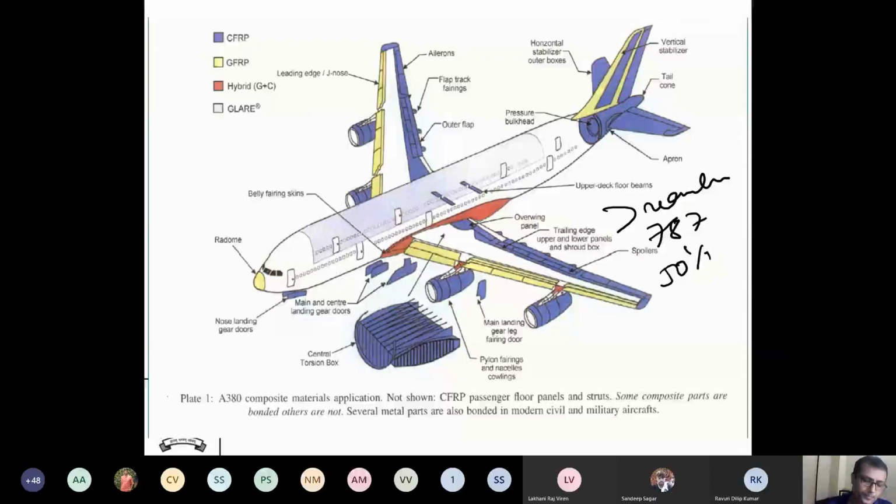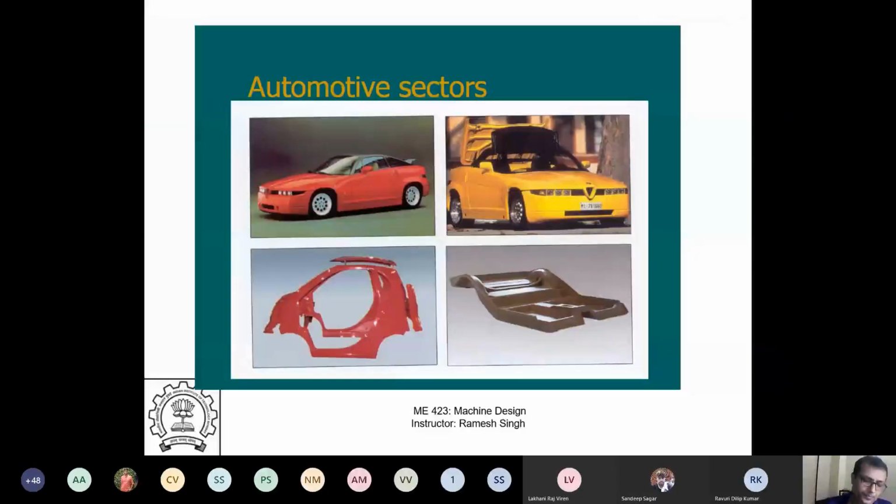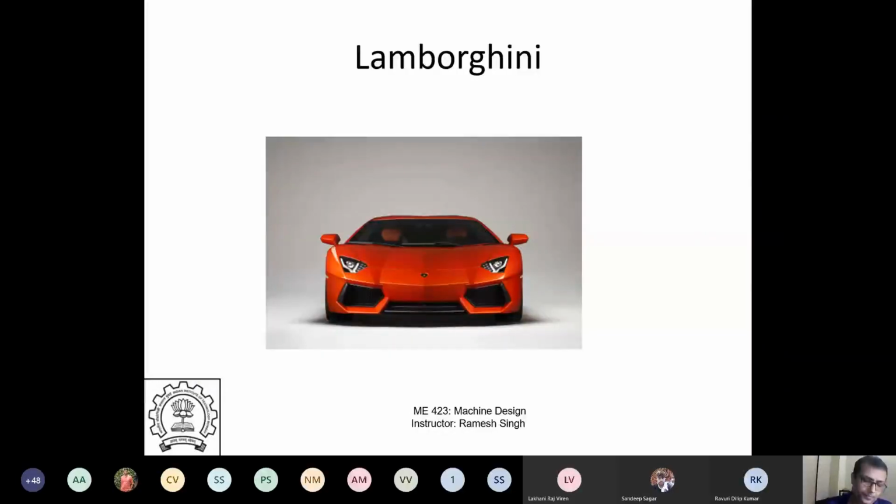Even the fuselage, this portion, is also composite in the Dreamliner. And a lot of expensive cars, Lamborghini is made of composite. So I will wait here and show you a decent video of it.